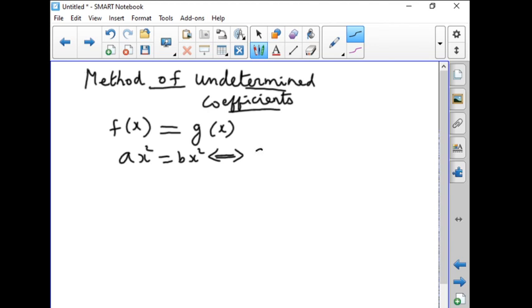So this is what is given. Two polynomials are equal if and only if the coefficients of same powers of the variables in the two polynomials are equal. Okay, now we will see example 2.16.